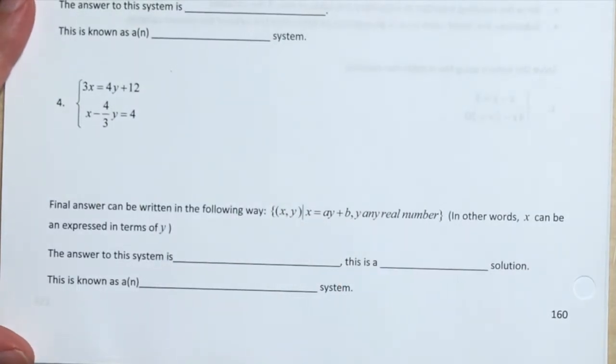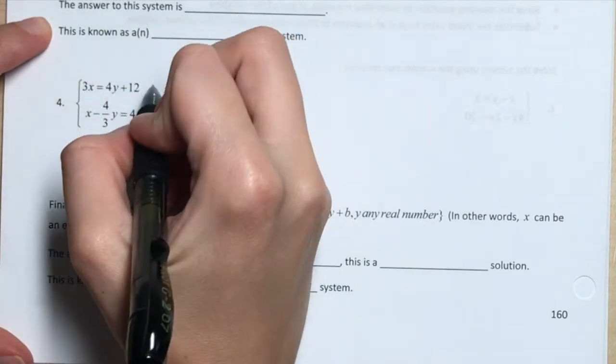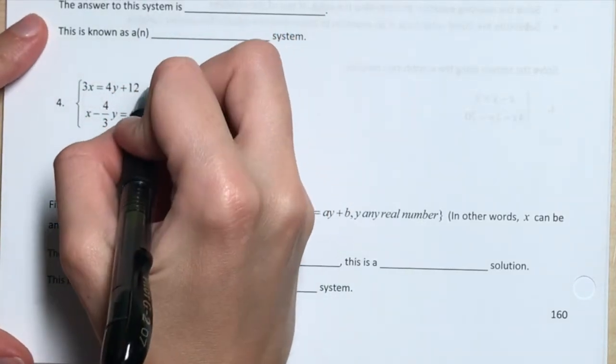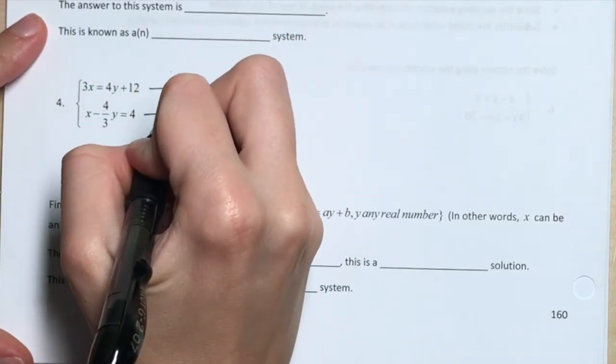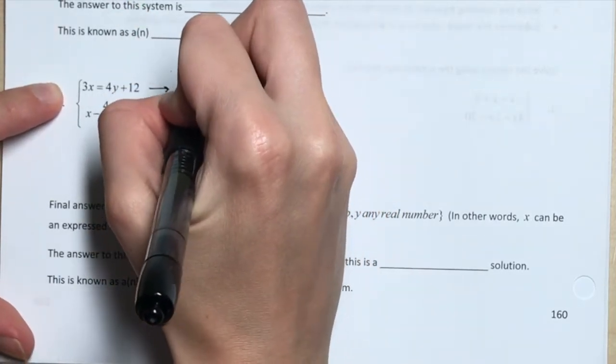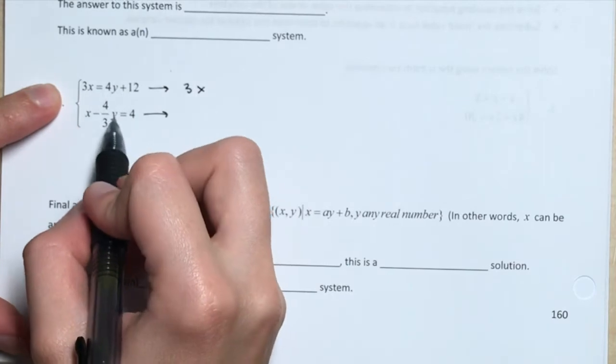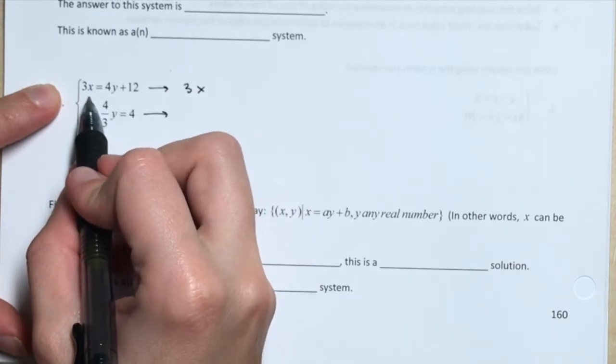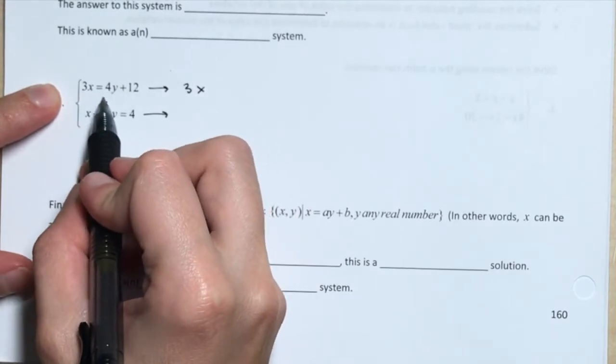So for this last one, we've got to do a little bit to make it look the way we want it to look. So let's go ahead and rearrange these. We want to bring all of the variables over to the left side so that the constant is by itself.